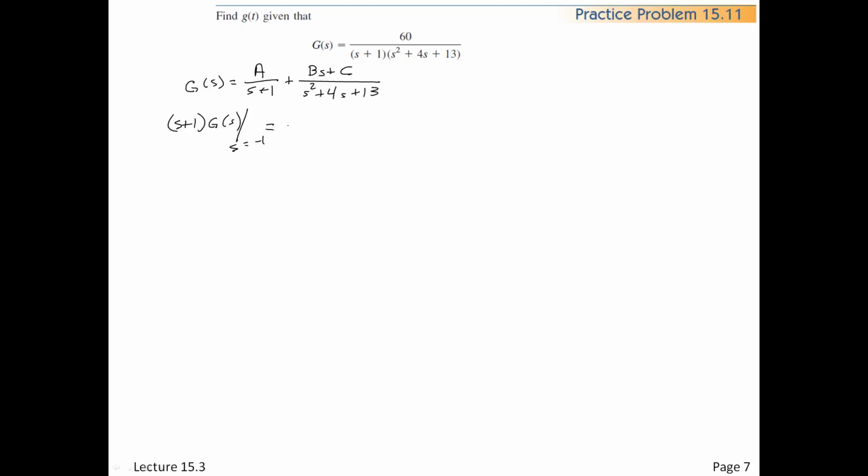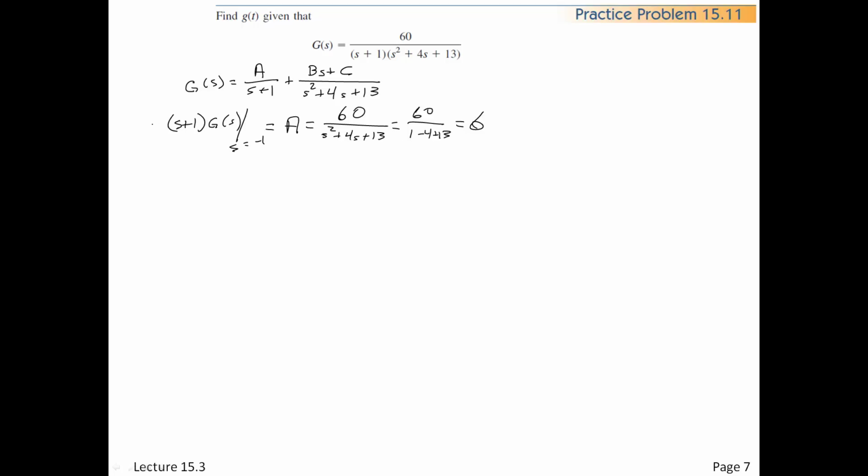And so we know this is going to give us A. And so that will be 60 over s squared plus 4s plus 13. Okay, and if we evaluate that at minus 1, we're going to find out that A equals 60 over 1 minus 4 plus 13. So that looks like 60 divided by 10. So A is going to be 6.